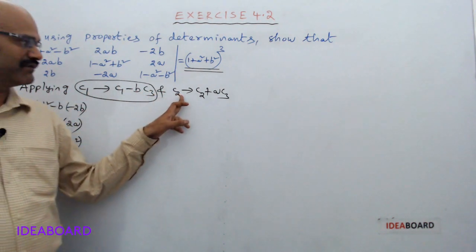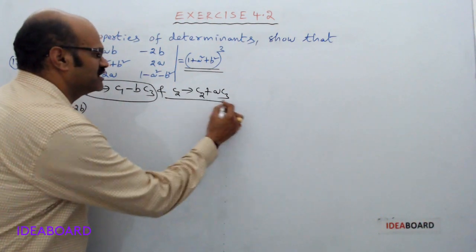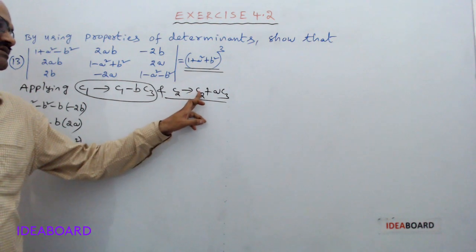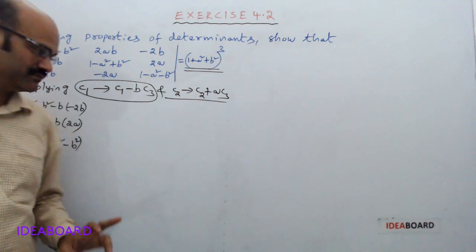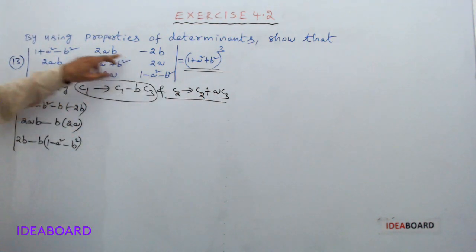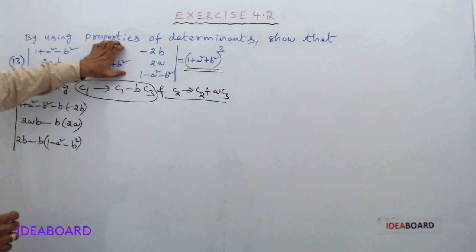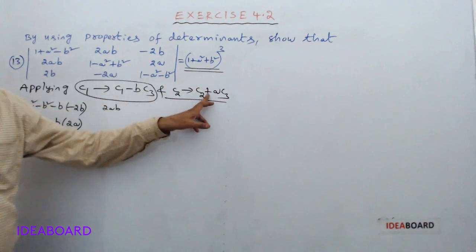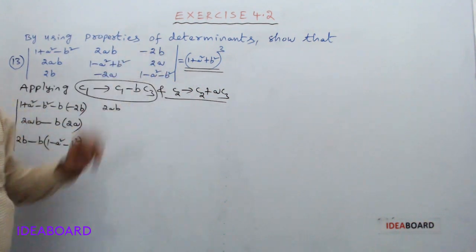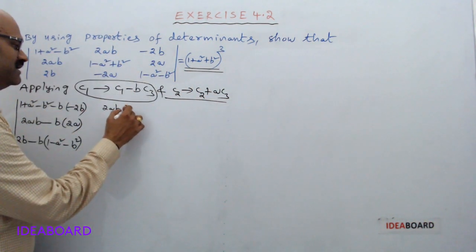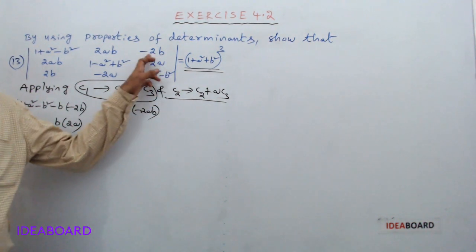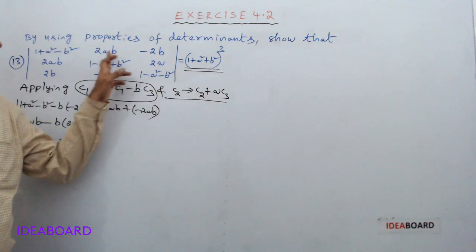Now we are having the operation C2 changes to C2 plus A into C3. C2 is this one. First write 2AB plus A into minus 2B, so plus minus 2AB. Multiply with A each and every element and add it to C2.